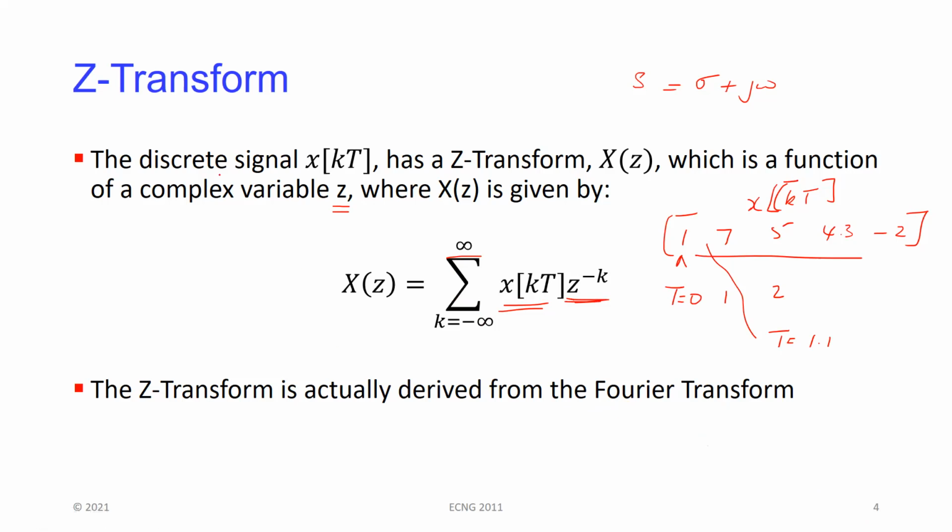In the world of transforms, it's not really part of this course, but you have the Laplace domain, you have the Fourier domain, and then you have the Z domain, and they're all related. Basically, you can get from the S domain to the frequency domain, and then if you sample in the frequency domain, you can get to the Z transform itself.